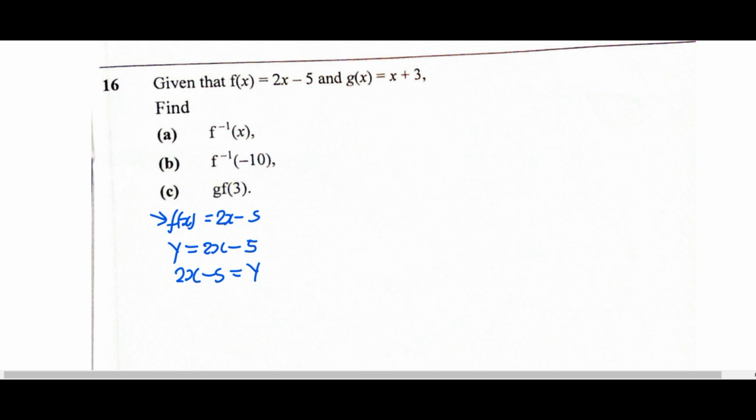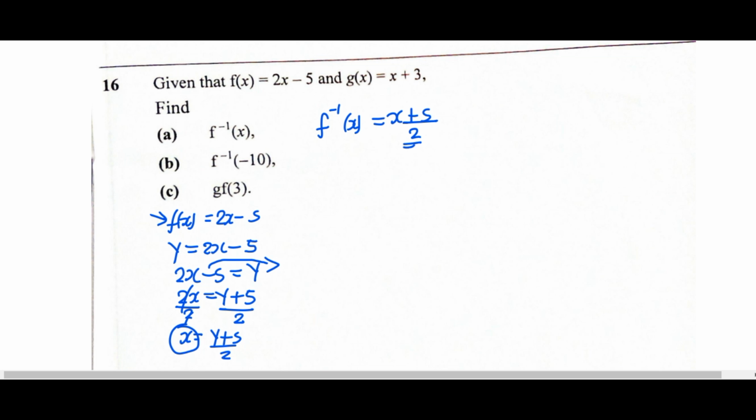From there, we are going to shift the 5 to the other side. This will give us 2x is equal to y plus 5, so negative 5 will become positive 5. Then you divide by 2. So our x is equal to (y plus 5) over 2. After we are done, where there is x now, we replace with f inverse of x, and we replace y with x, so f inverse of x is equal to (x plus 5) over 2.